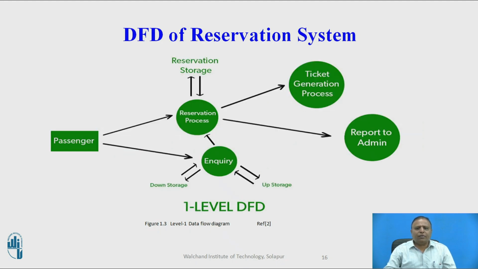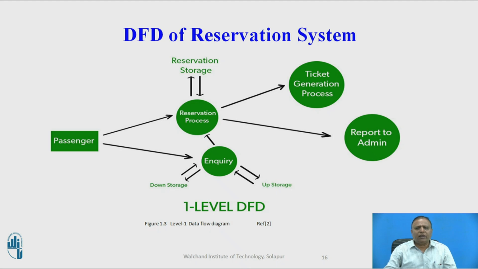Next is the one level DFD. In this first level DFD, the diagram is expanded. Here the passenger is an entity. The reservation process is divided into sub processes, that is inquiry, ticket generation process, and report to admin. Here reservation storage can be made in the reservation process. The ticket reservation process is given, and report to admin is one process given.